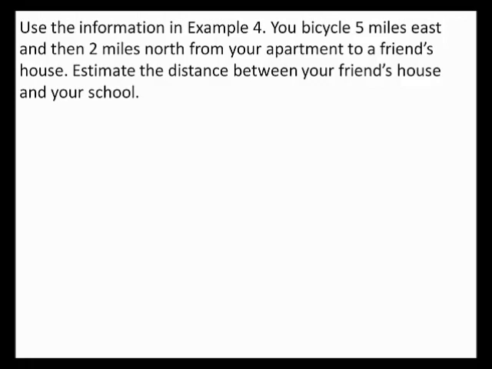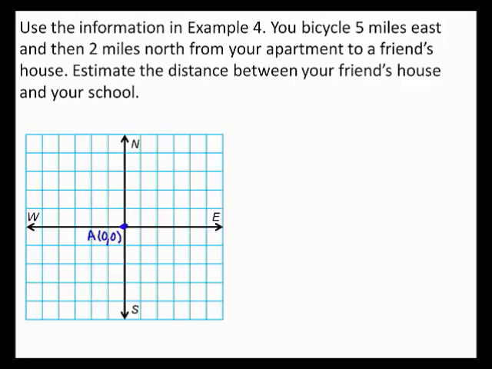Use the information in example 4. You bicycle 5 miles east, then 2 miles north from your apartment to a friend's house. Estimate the distance between your friend's house and your school. To solve this problem, you can first model the situation using a coordinate plane with your apartment at the origin. Now, in example 4, you are told that your school is 4 miles east and 1 mile south of your apartment.